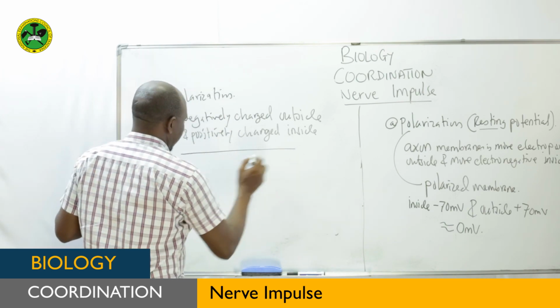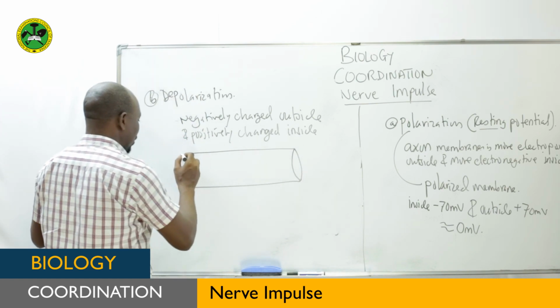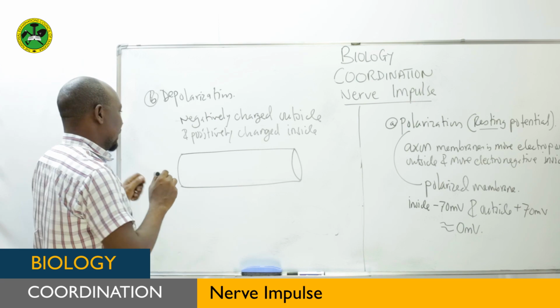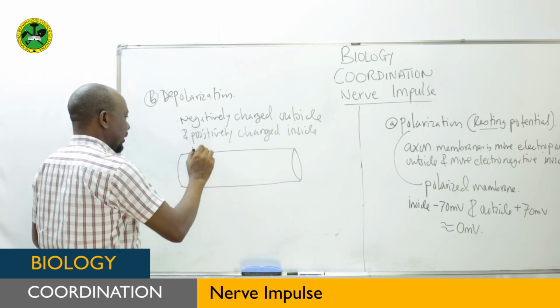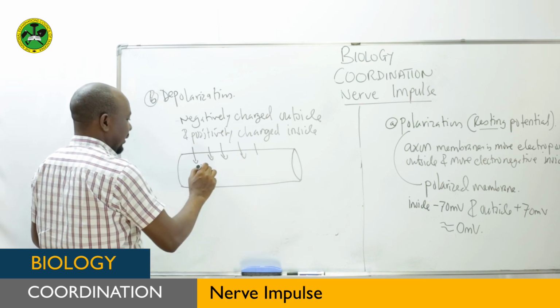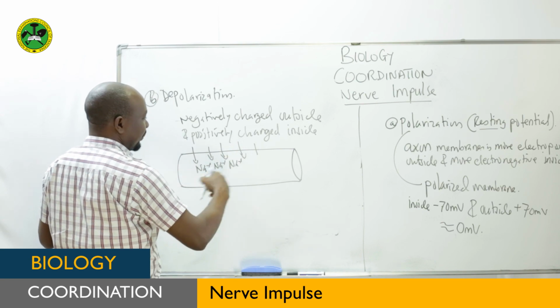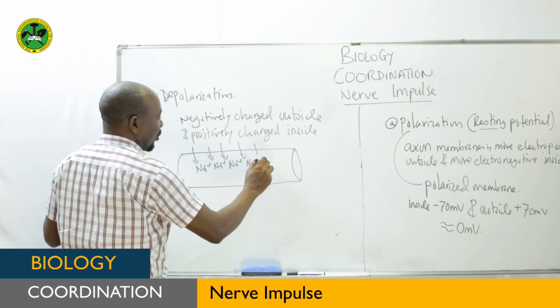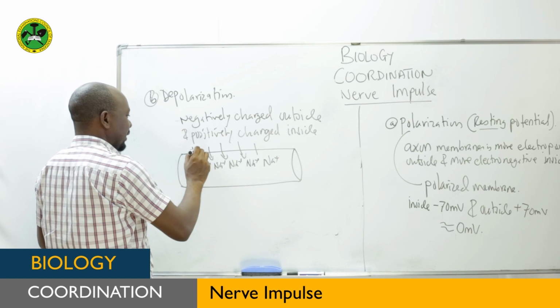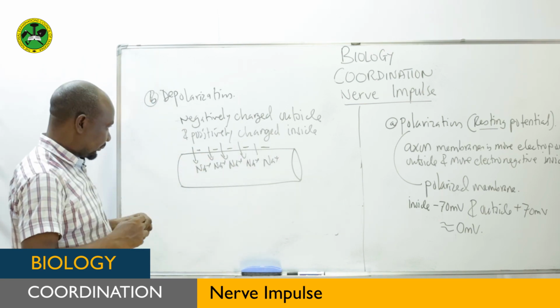So the sodium ions from the outside tend to enter inside the axon. So the axoplasm becomes more positively charged compared to the outside.